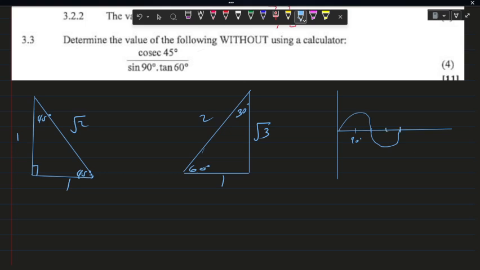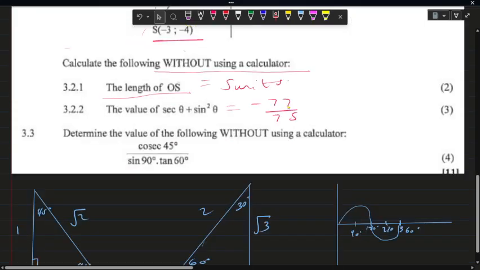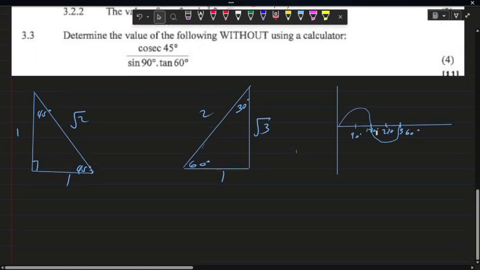Now we know that this is 90, this is 180, 270, 360. Okay, now these are the diagrams that we will use to evaluate the expression that they've given us.